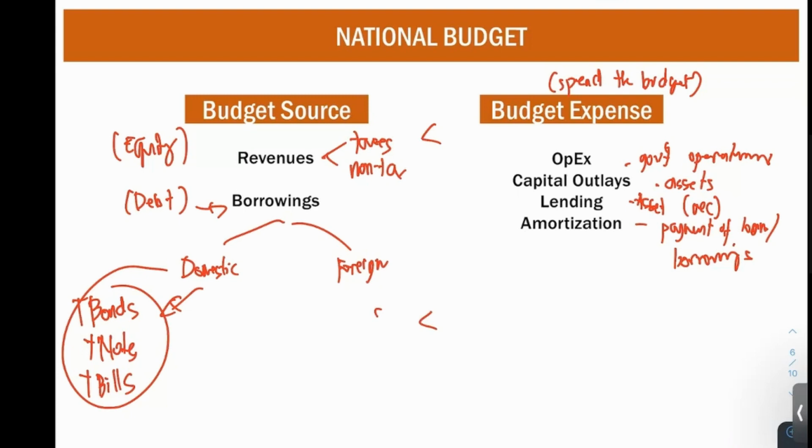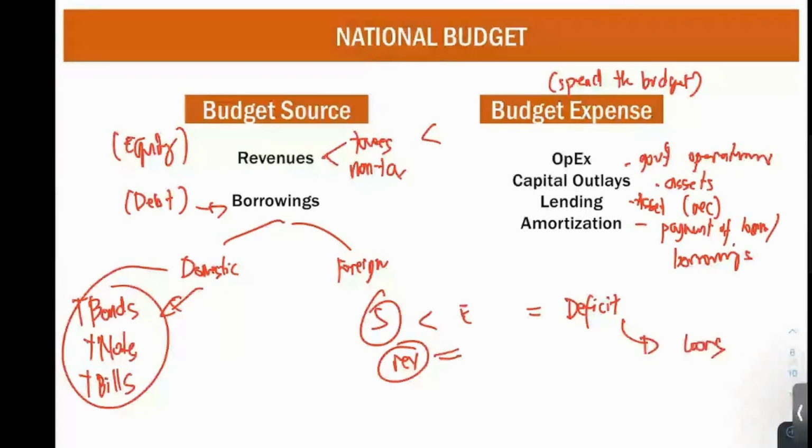If it is lesser, we call this a budget deficit. As a general rule, what we only use as a source is the revenue itself. So we maintain our revenue to your expenses because we don't want to have a deficit.